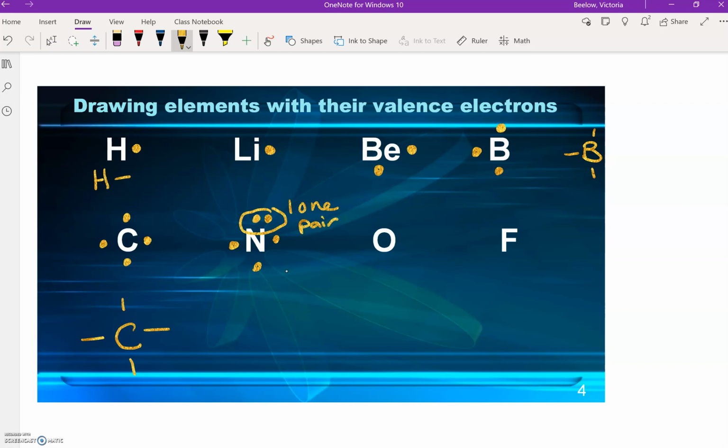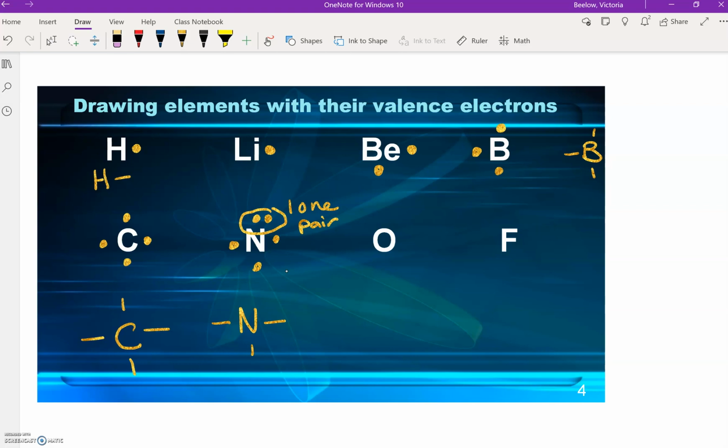So nitrogen is a nonmetal, so it will form a covalent bond. Those lone pairs just mean that those electrons won't participate in bonding. So nitrogen will always form 3 bonds, and it will have 1 lone pair.